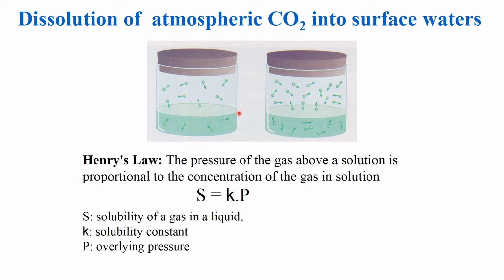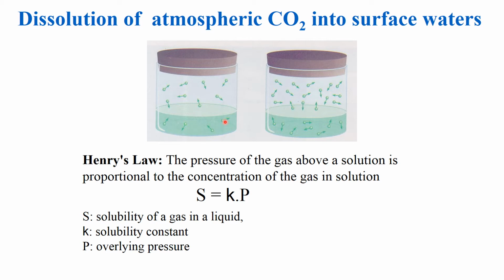1 atmosphere. So if we're looking at, say, carbon dioxide, which is about 400 parts per million volumetrically, that would mean that we've got 400 millionths of an atmosphere of carbon dioxide pressure overlying the water, and that pressure of carbon dioxide is basically forcing some of these molecules of gas into the liquid.